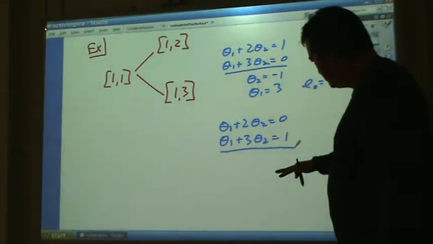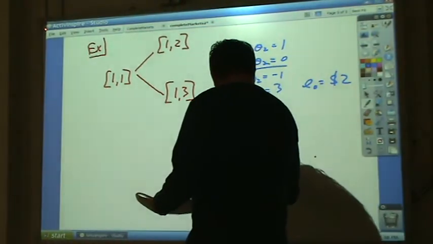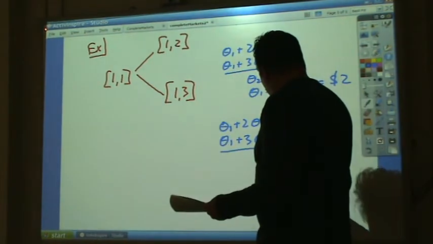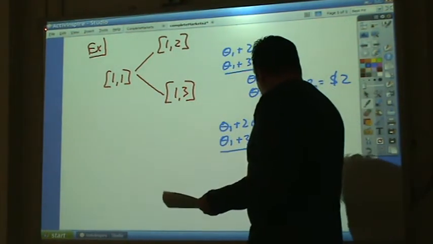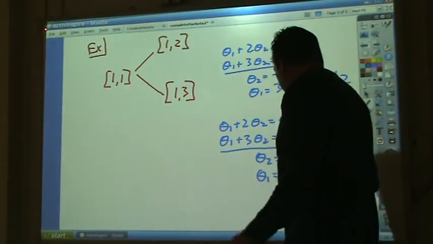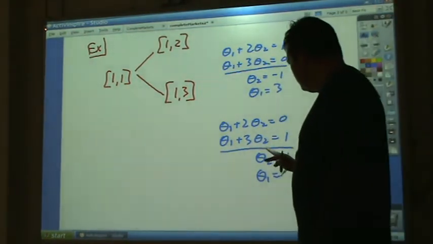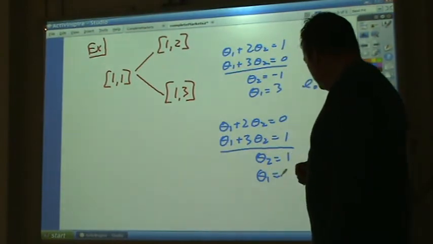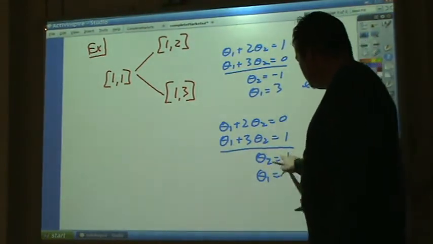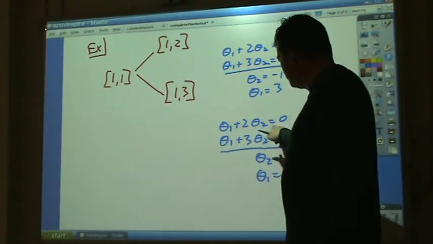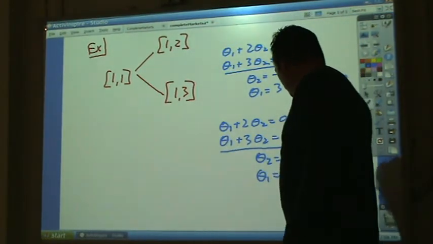If we subtracted, we would get theta 2 equals 1, and therefore theta 1 plus 2 equals 0, so theta 1 would be -2.